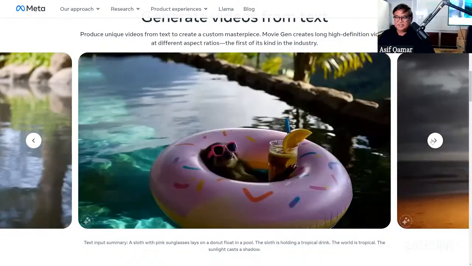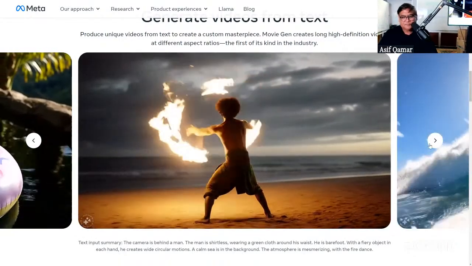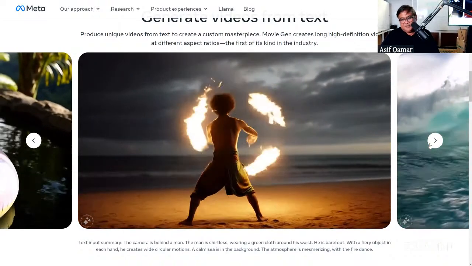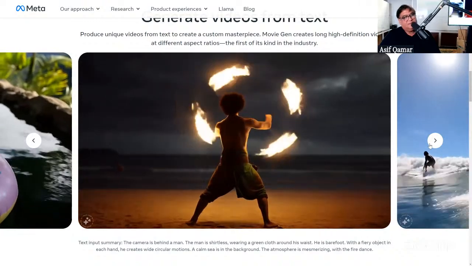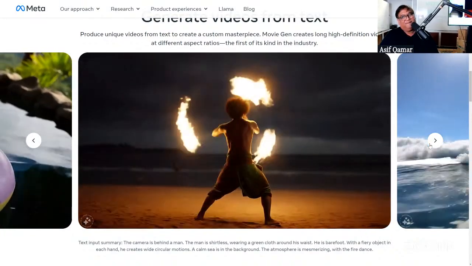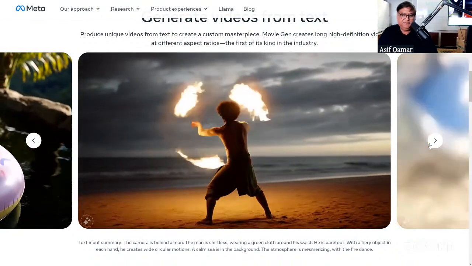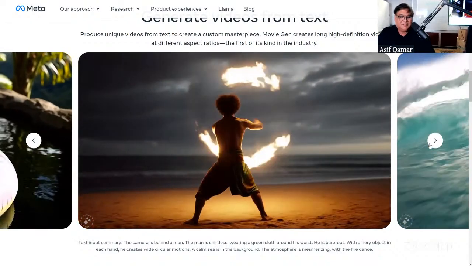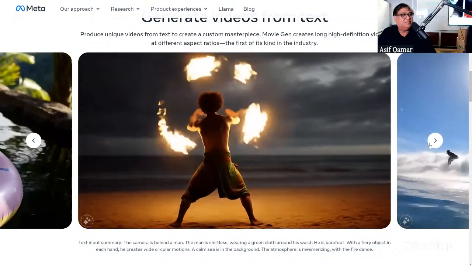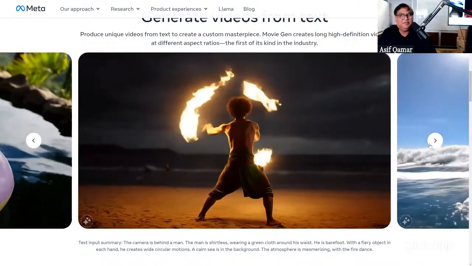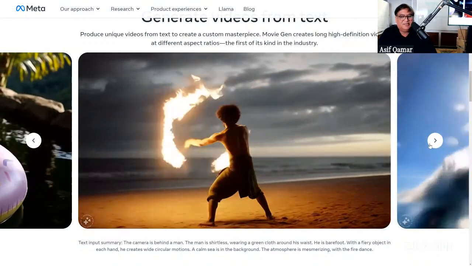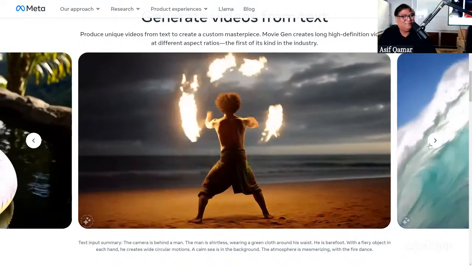The next one is even more interesting. This is a person playing with fire, right? Putting up a show on the beach. Here, this is actually from a photorealism perspective a pretty hard shot to get, right? To generate as video, because you have to get the light right, the fire right.